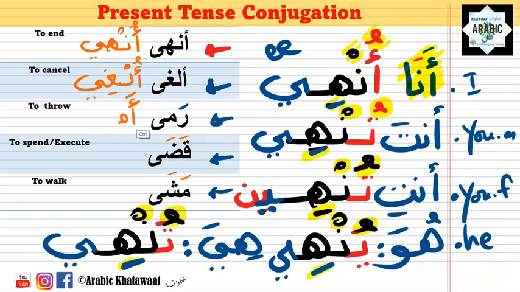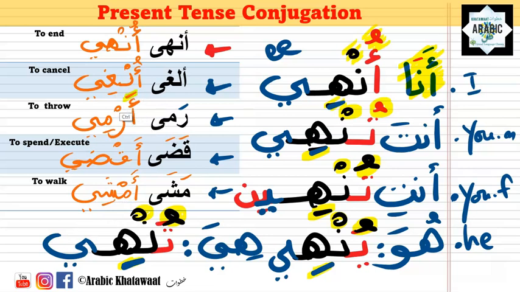So I would say armi, then aqdi, and then amshi. The moment you determine the short cases over here, like for Rama and Qada and Masha, you have أرمي أقضي أمشي. And of course we said that all of them will have kasra before the ya.